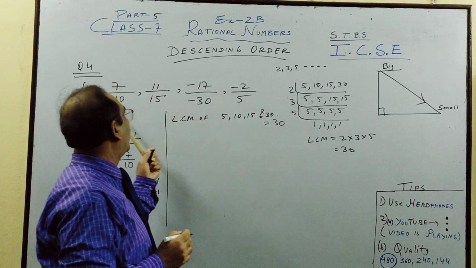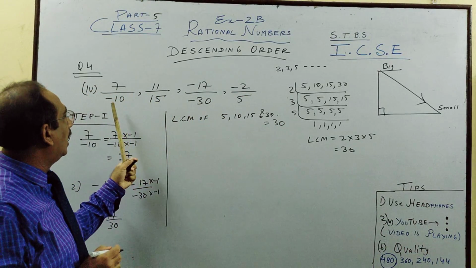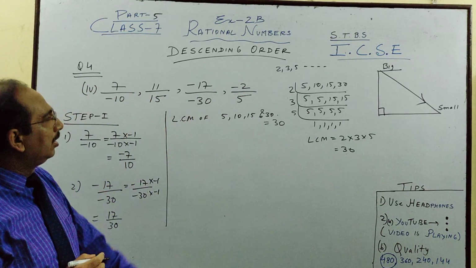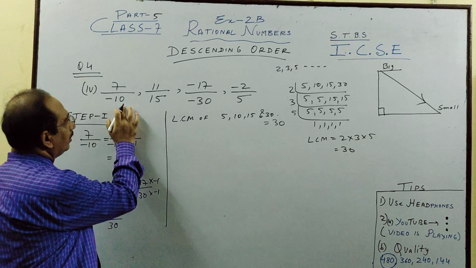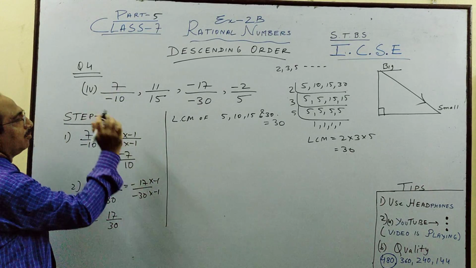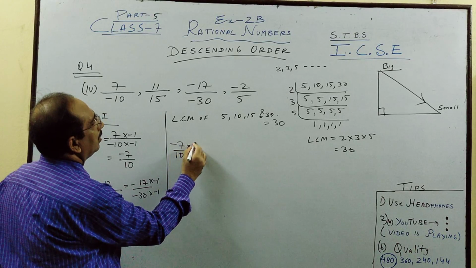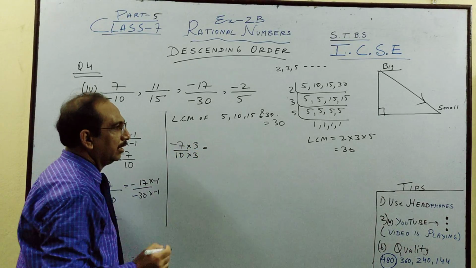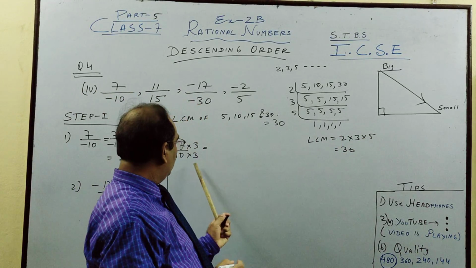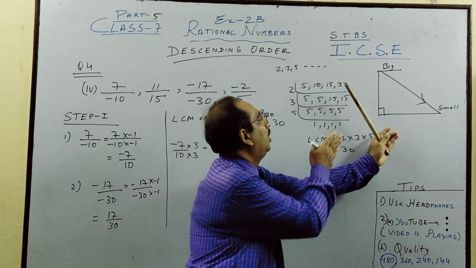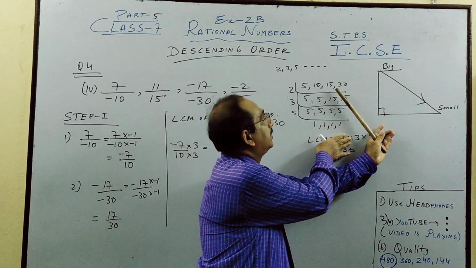Now I am going to make each fraction's denominator equal to 30. So remember, 7 by minus 10 is actually minus 7 by 10, into 3 into 3. So 5 2s are 10, 10 you have. So this 2 you hide, and 10 3s are 30, it will go.